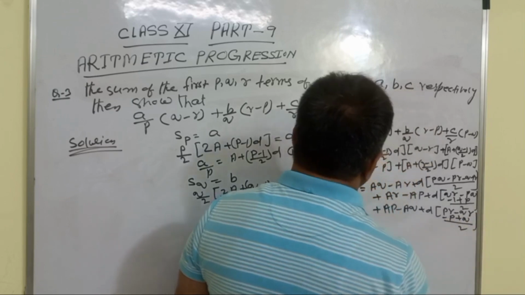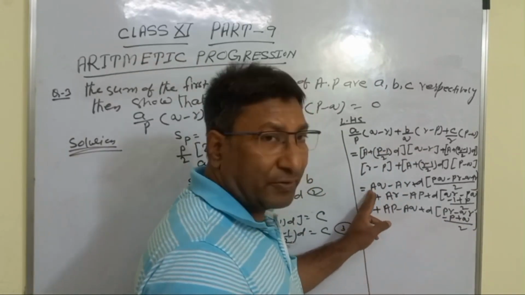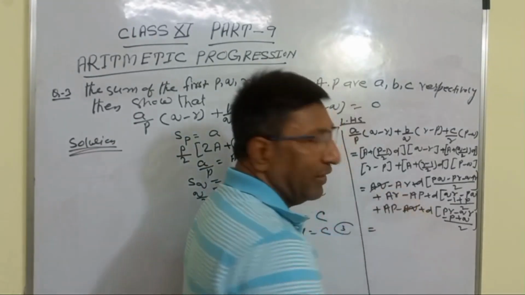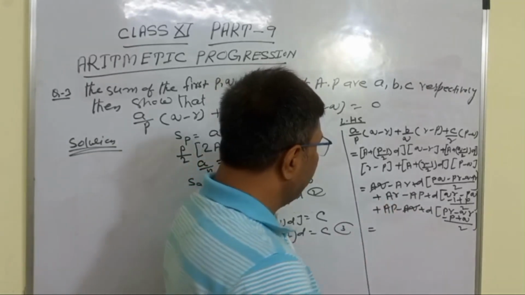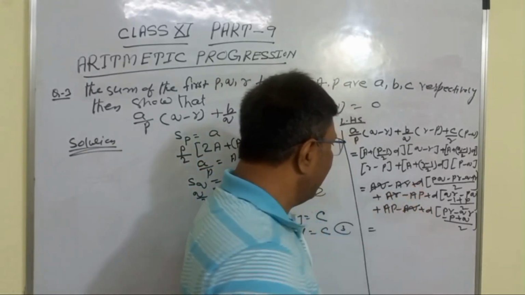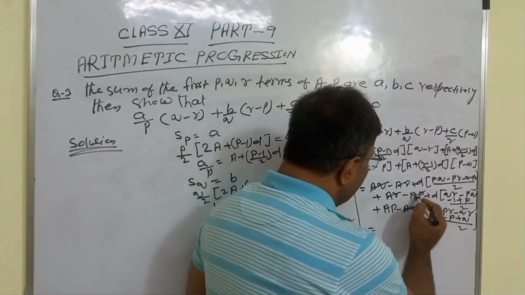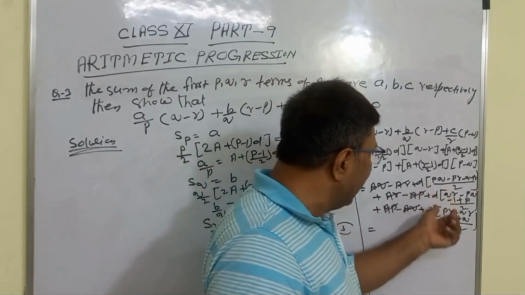Now you see, when we are adding all these numbers, here AQ positive, here AQ negative. So this will cancel out. Here minus AR negative and here AR positive. This is also cancel out. Here minus AP and here plus AP. So this is also cancel out, right? Now here D common, D common, D common.